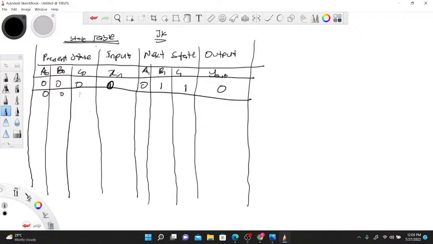You understand? Now you do 0 0 0 1, then it will lead to 1 0 0. So please be looking at the outputs here. I remember some of them, so the ones I remember, I'll just do straight from my mind. 0 0 1 0, and then 0 0 1 1.